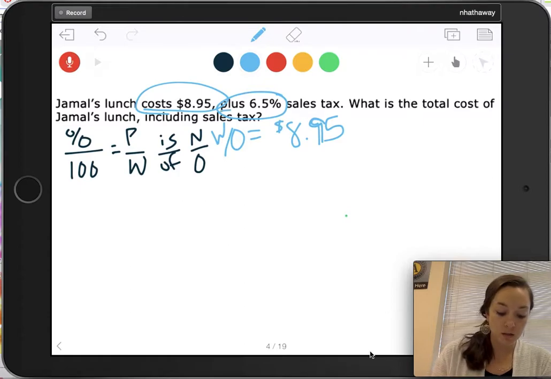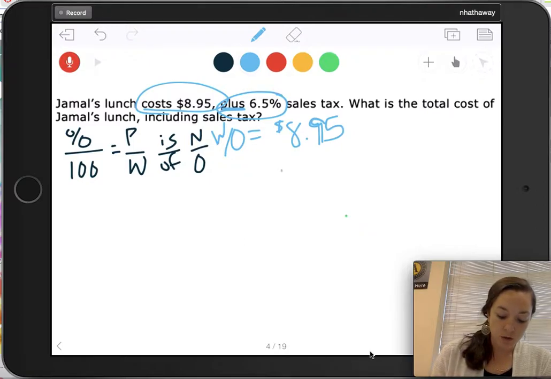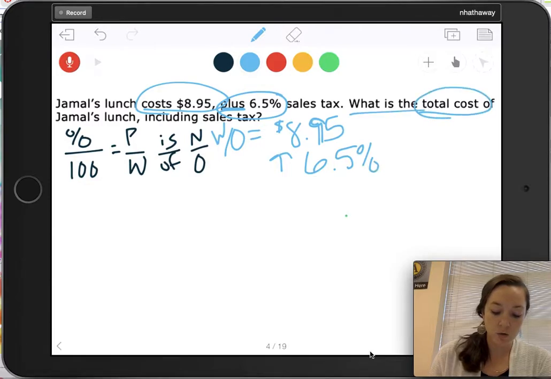So let's make sure we know the question. The total cost. What is the total cost? So we know that we're going to not just find that 6.5%. We're going to also find the total cost after that 6.5%.